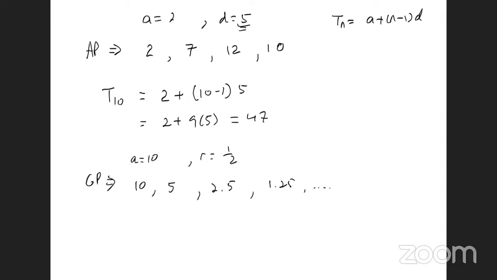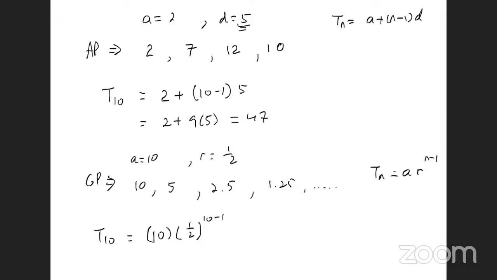Okay, so those are the first 4 terms and the 10th term. We're using the general formula, a multiplied by r to the n minus 1. So a is 10, r is a half, to the power of 10 minus 1.